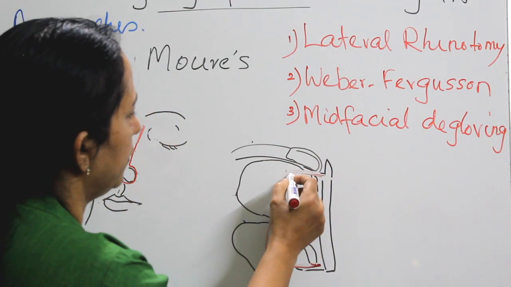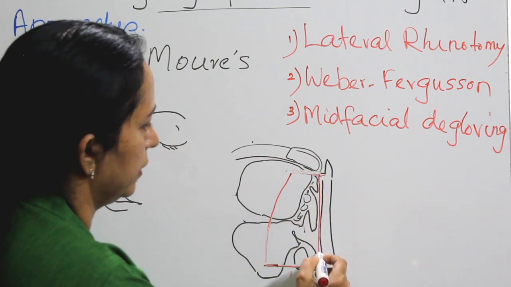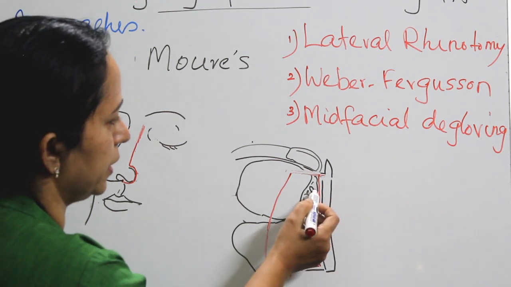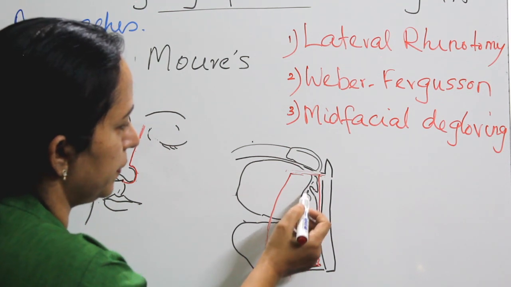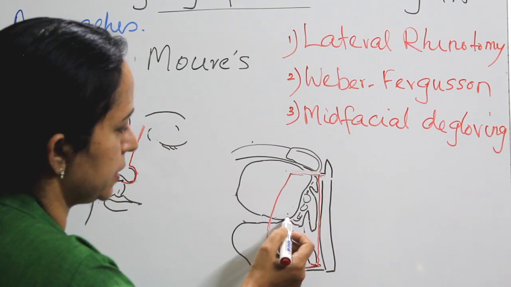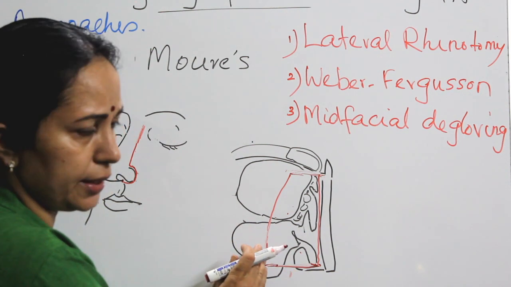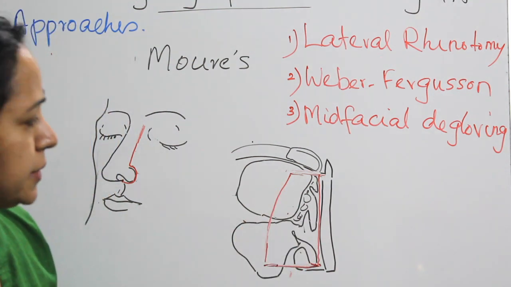So the removed part will include the inferior turbinate, middle turbinate along with the superior turbinate, the medial part of the medial wall and the floor of orbit, and also the maxillary antrum anterior to the posterior wall of maxilla.